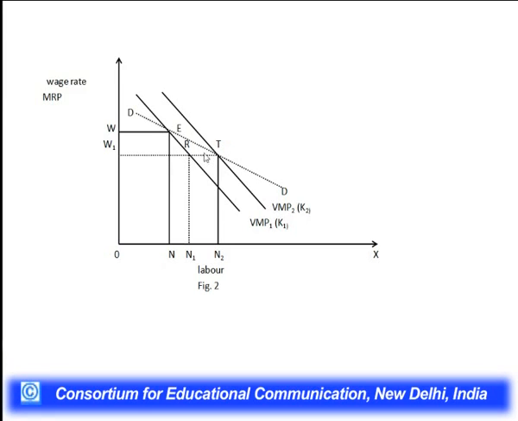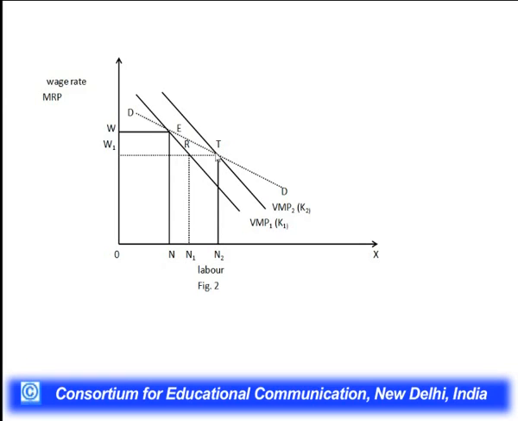Now VMP shifts to VMP2 corresponding to the new amount of capital K2. It has shifted to the right. That value of marginal product of labor has increased. Now we will see that at OW1 demand for labor is ON2 and not the ON1.